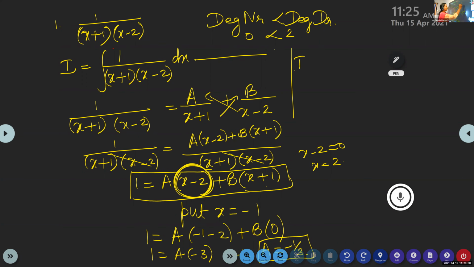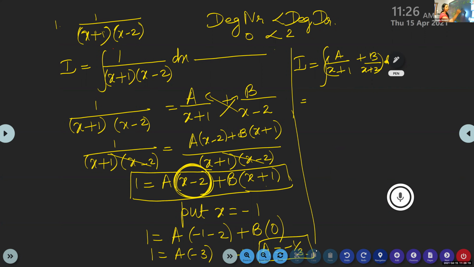So what happens to the problem I? I is the integral of A by x plus 1 plus B by x minus 2 into dx. What is the value of A?